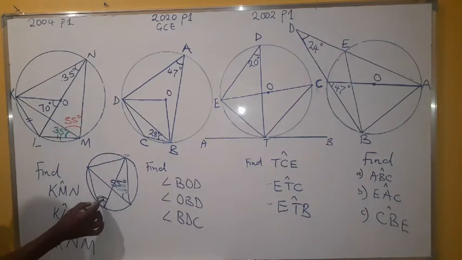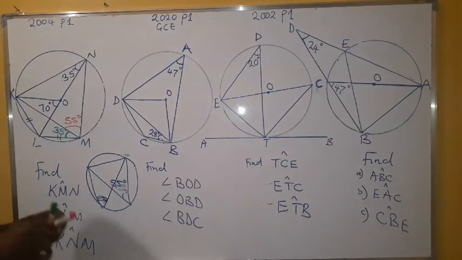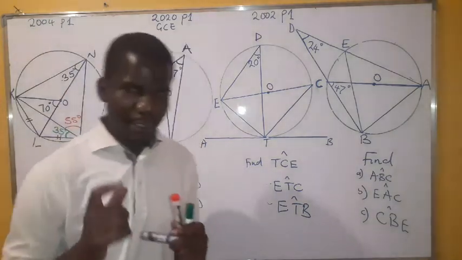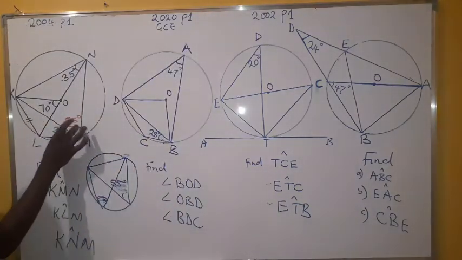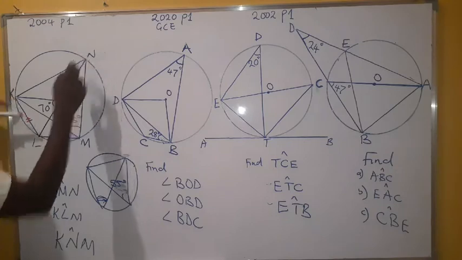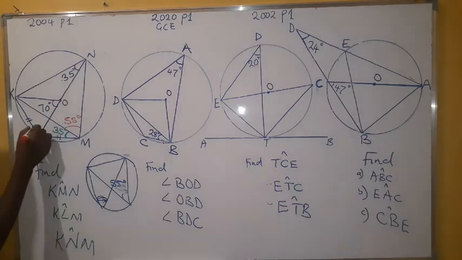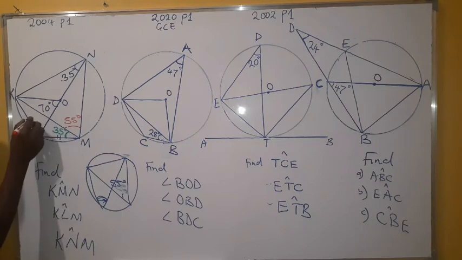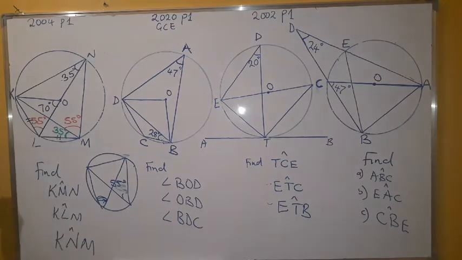This angle also must be 55. Angles in the same segment. So look at where 55 is coming from. It's here, isn't it? So this is telling us that also this angle is 55. Okay? So I can proceed.